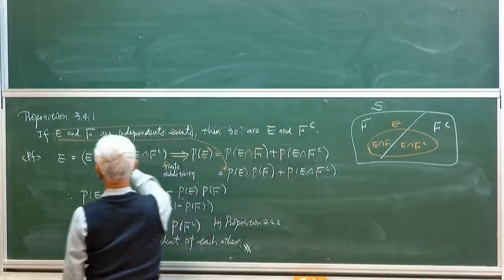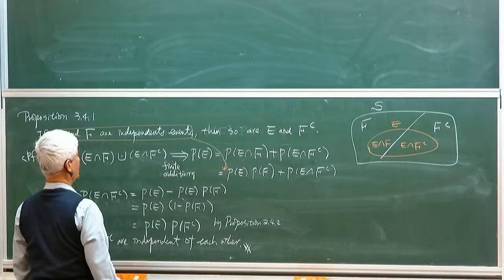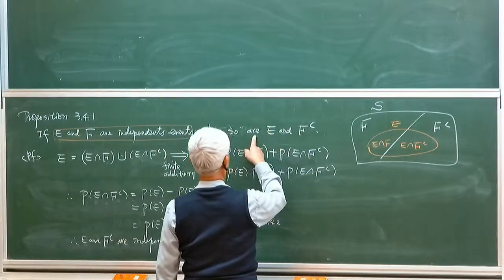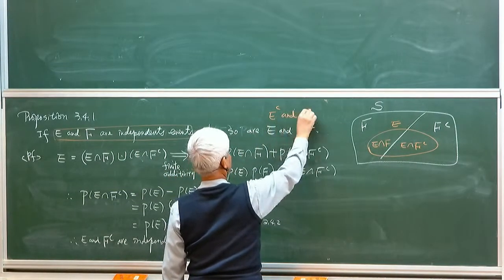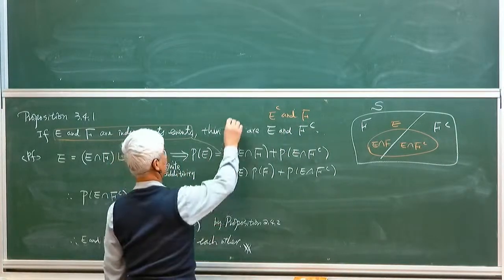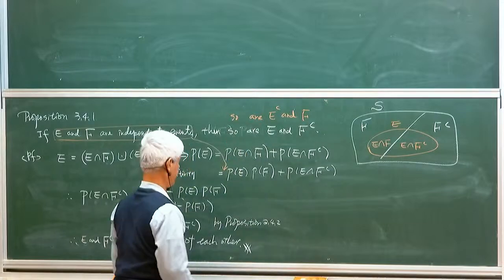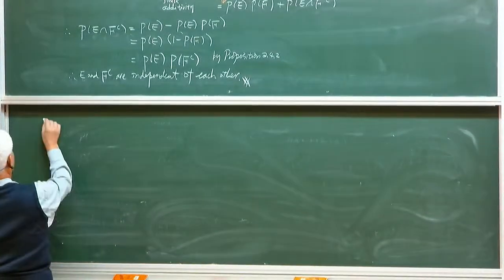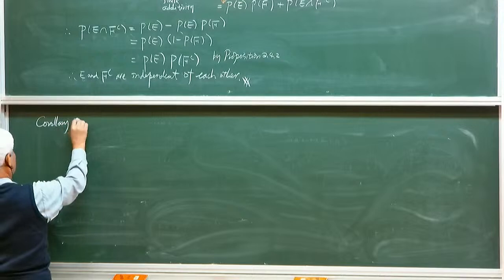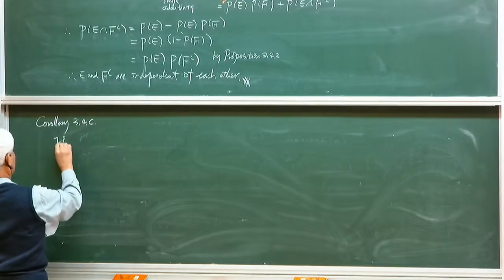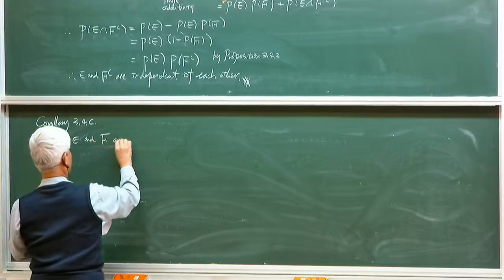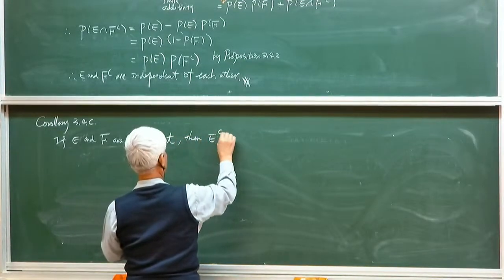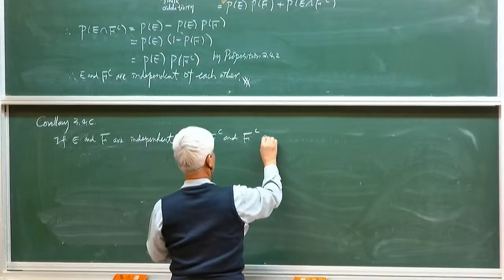And the same statement holds, because the definition of independence is symmetric in E and F, so are E complement and F. And the corollary: if E and F are independent, then E complement and F complement are independent.